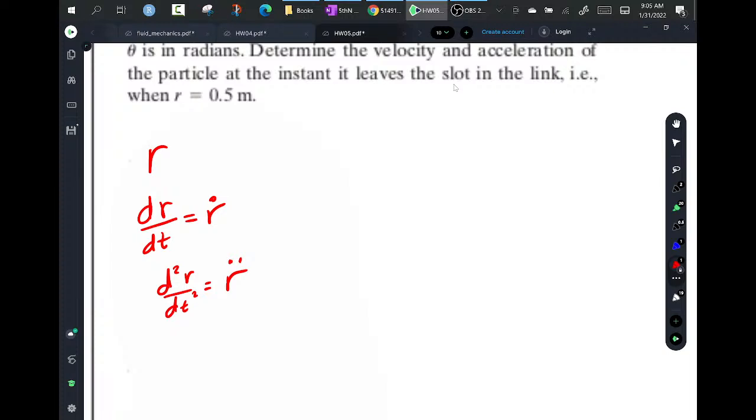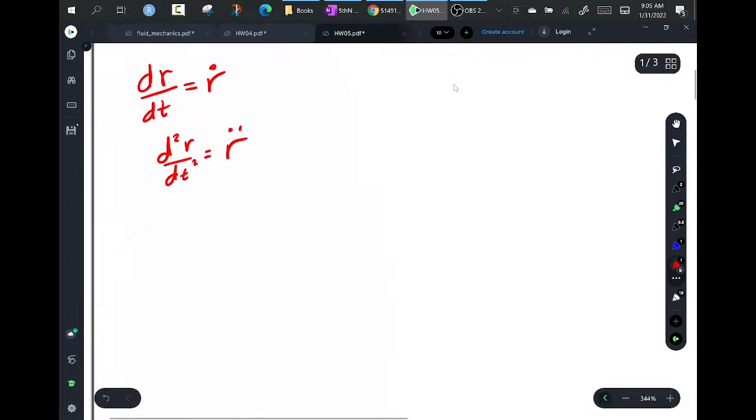Then you might be able to do this independently, but this will usually be given somehow.